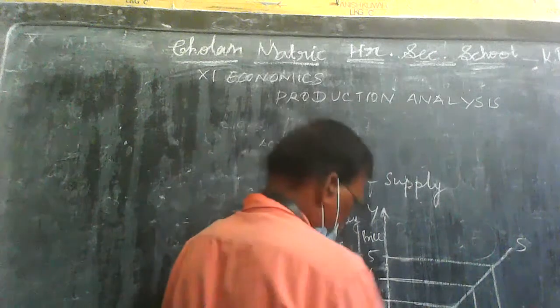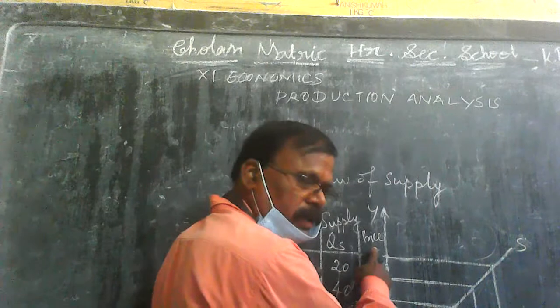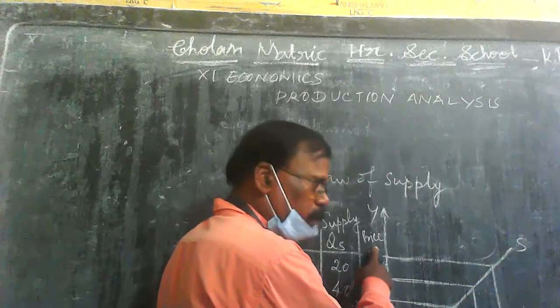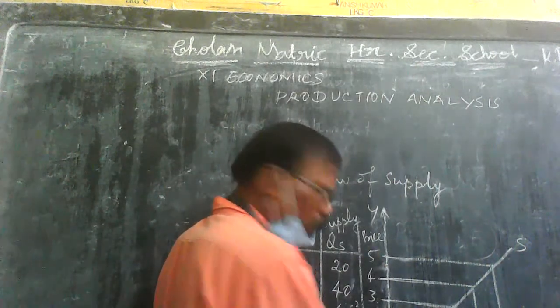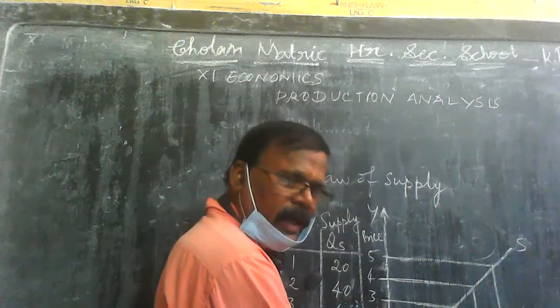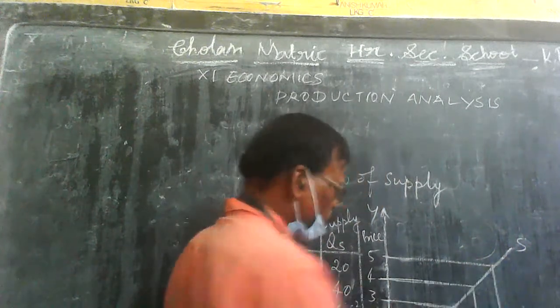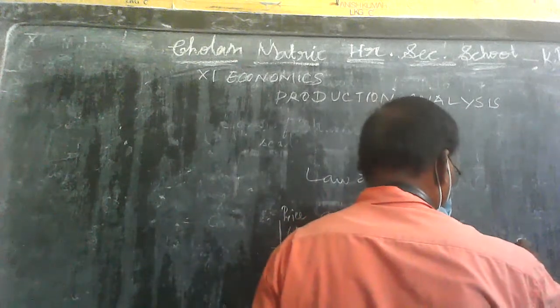Different prices here are 1, 2, 3, 4, 5. This is the price which is measured on the y-axis. We have different prices, and there are different quantities of supply at different prices.